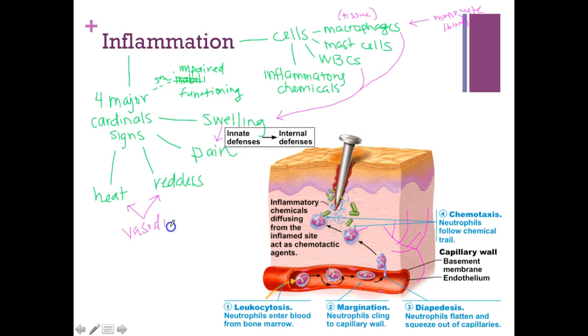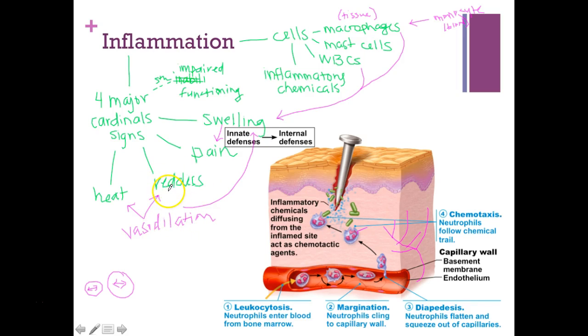Do you guys remember what vasodilation is? It's our capillaries, well, all blood vessels opening up their diameter. So if this is our normal diameter of our blood vessel, it's growing and becoming larger. Okay, so we get more blood flow in this area. Again, vasodilation is also going to help us along with the swelling.